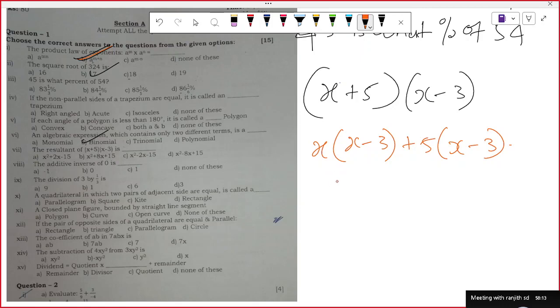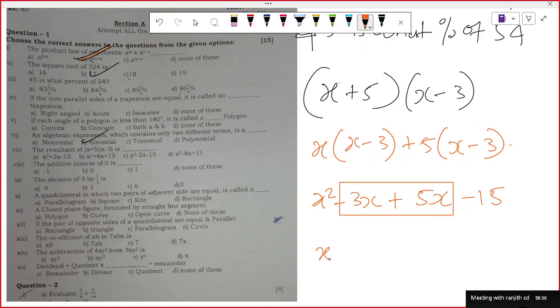I don't know why they've given such a lengthy question for 1 mark. x square, then x square minus 3x minus 5x minus 15. These two are like terms. So we get x square plus 2x minus 15.